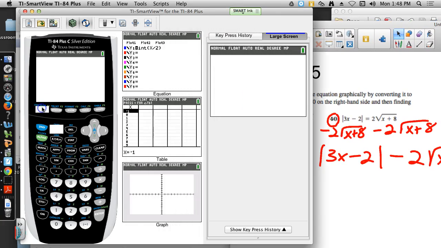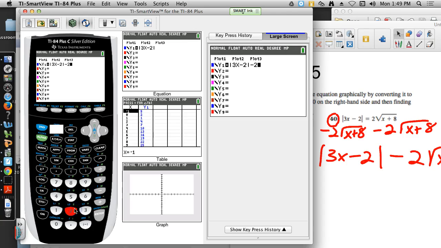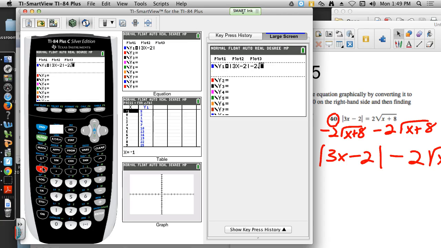So we go into y equals, and we have to get that absolute value piece, so that's math, arrow to the right, numbers, number 1, 3x minus 2. Actually, with this version, I don't need the parentheses, there we go. So there's the absolute value of 3x minus 2, and then subtract 2 second square root of x plus 8.